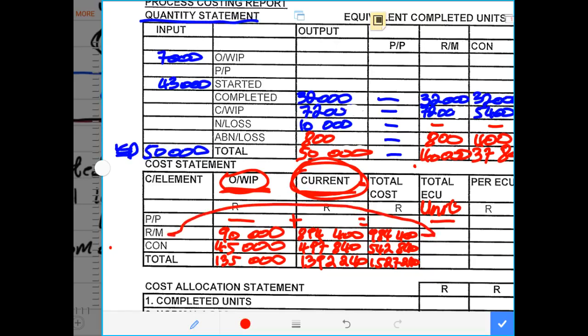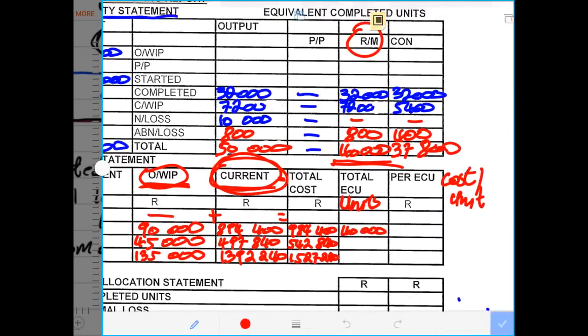The raw material equivalent units in total are 40,000 units, and we record that as it is. The conversion cost total units are given as 37,800. Nothing changes, we record the amount as it is.